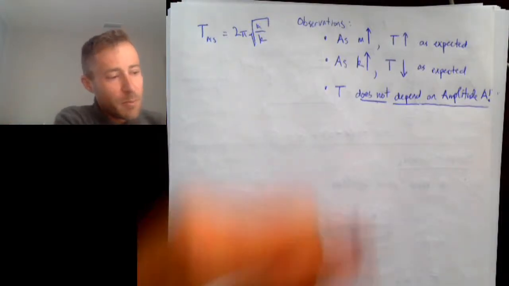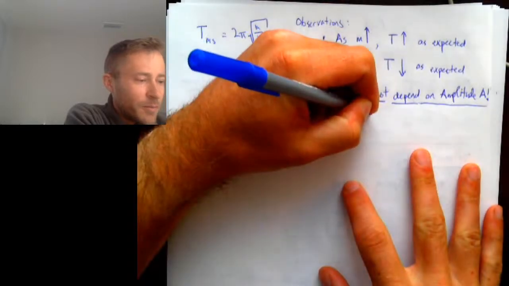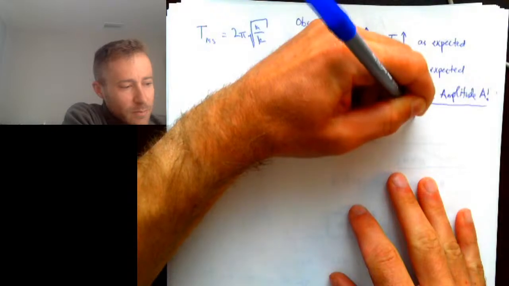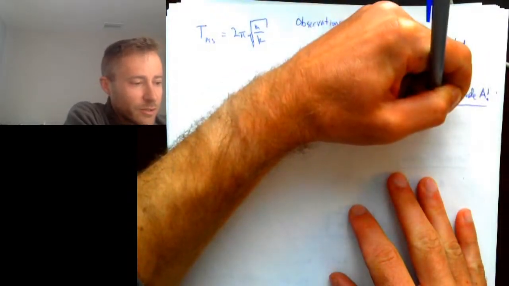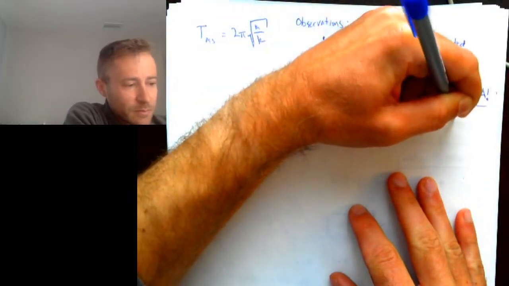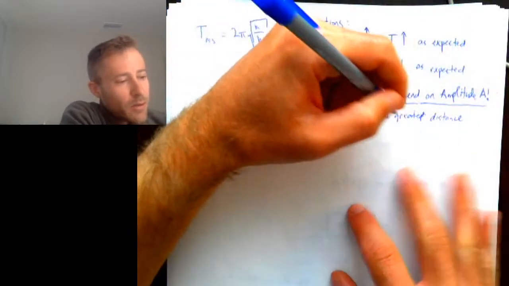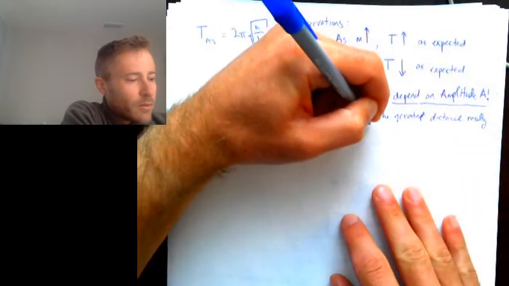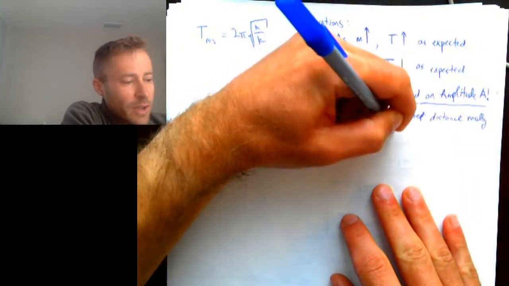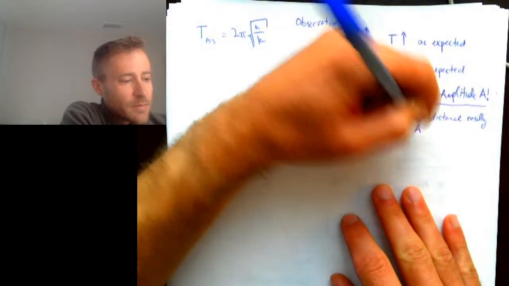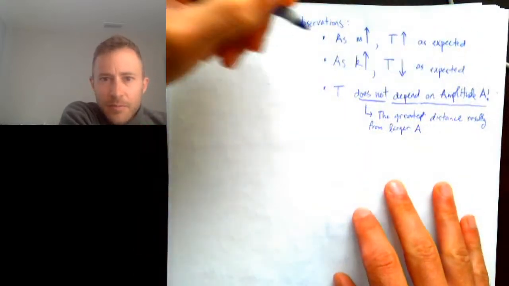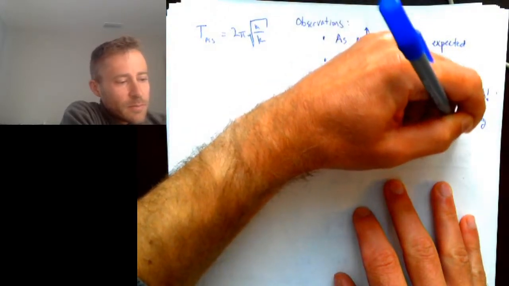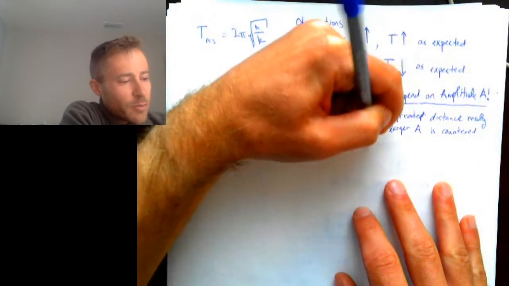And so basically, the greater distance resulting from a larger amplitude is countered by greater speeds.